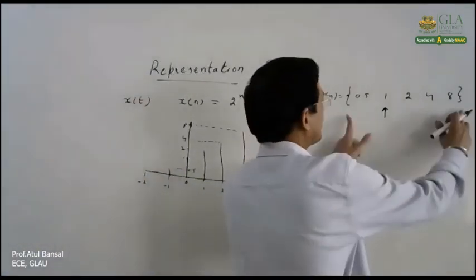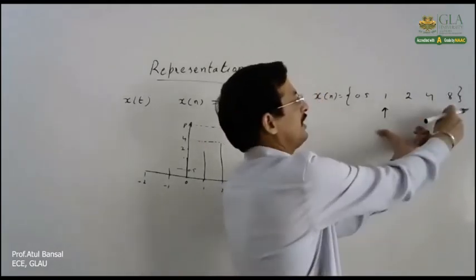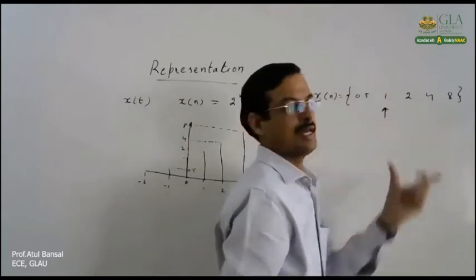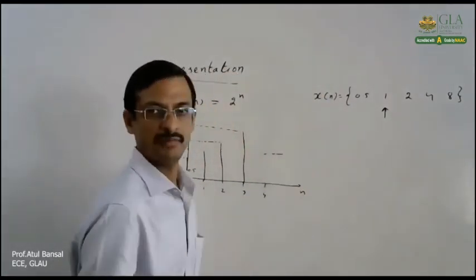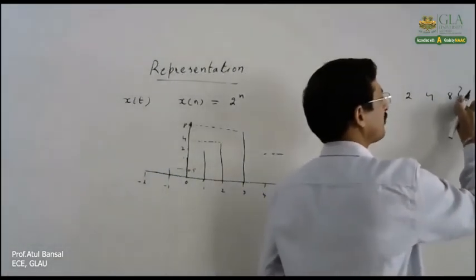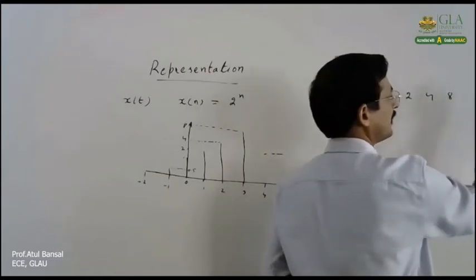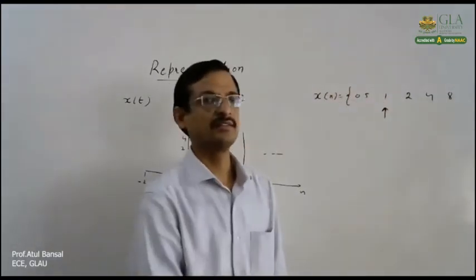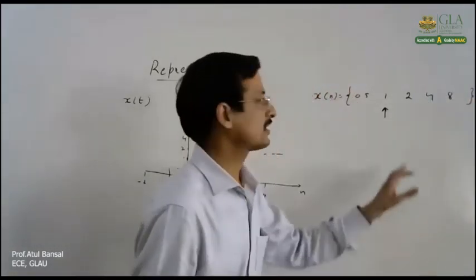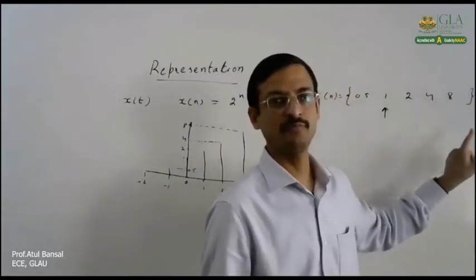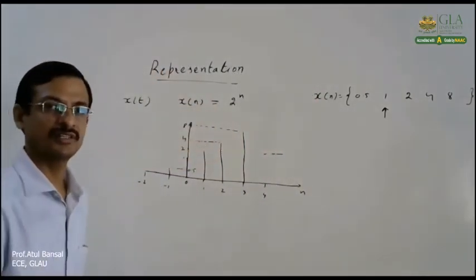Further, these brackets are closed with the last value, so it means it has only 5 elements, like 1, 2, 3, 4, 5 elements. But if it is an infinite function, where the signal goes on increasing like this, then instead of this, we mark dots like that, so that the signal is extended. So when we have to show the signal is continuous and extending further, we put dots. So that is the third way of representation of discrete time signal.